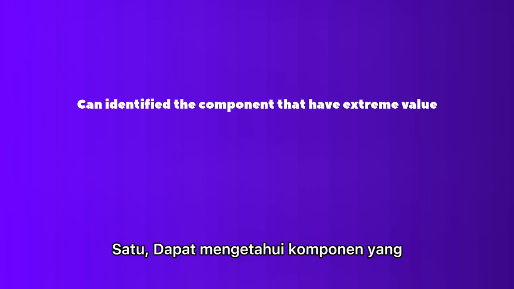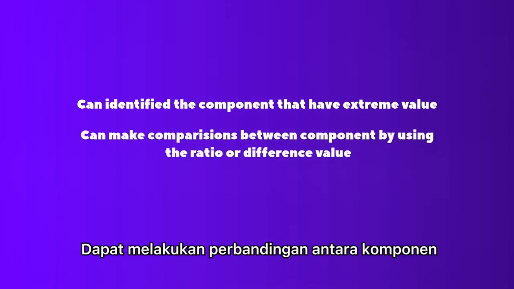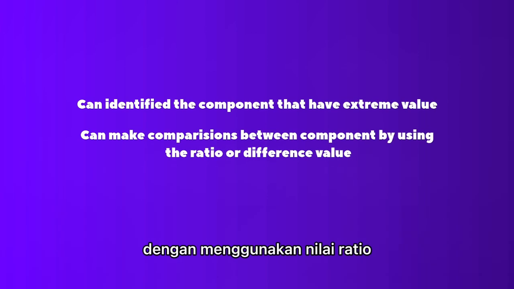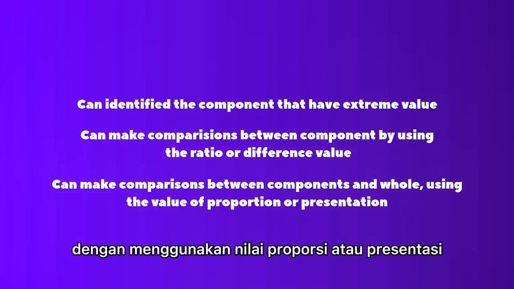Can identify components that have prominent properties or extreme values. 2. Can perform comparisons between components using the value of the ratio or difference. 3. Can make comparisons between components and the overall using the value of the proportion or percentage.